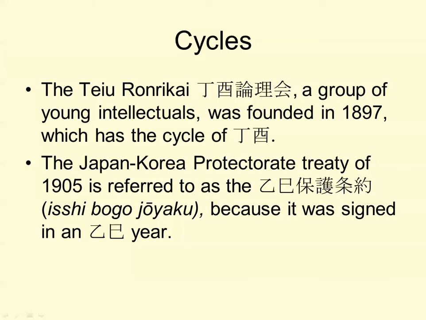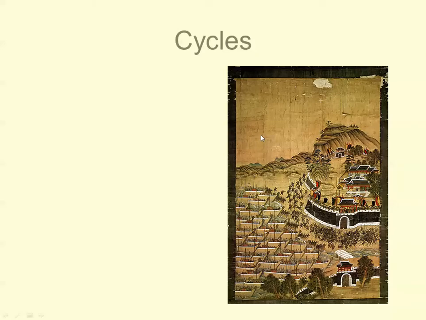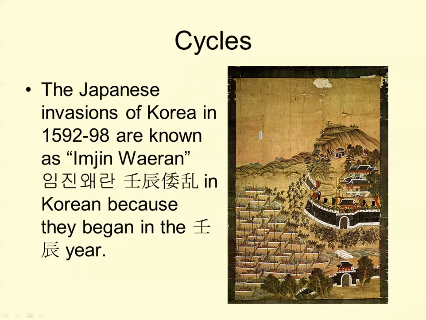See those first two characters? There's that cycle. Just like this is a cycle. And another example, the Japanese invasions of Korea in 1592 through 1598 are known in Korean as the Imjinwaran because they began in that particular cycle year.